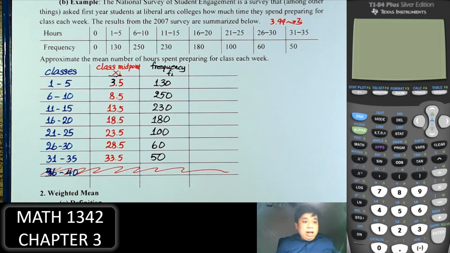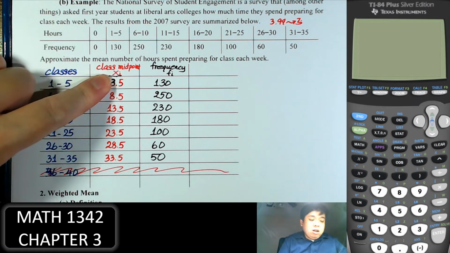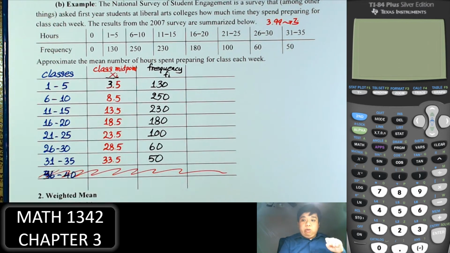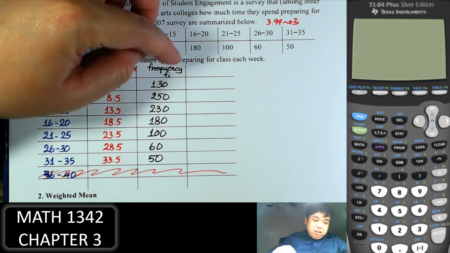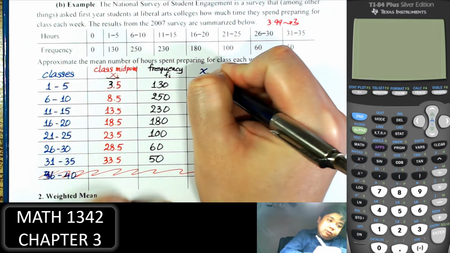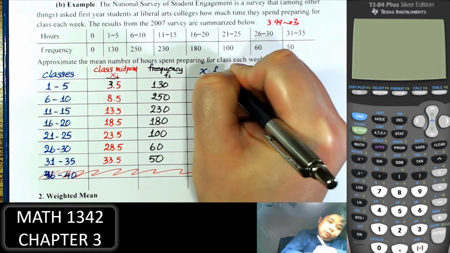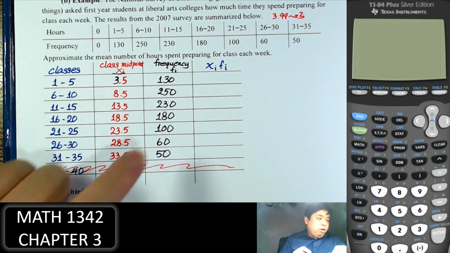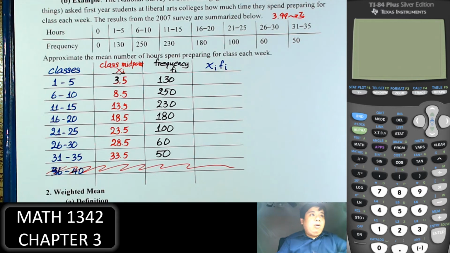So this number occurred 130 times, and this number occurred 250 times. What we do next is multiply those, 3.5 times 130. There's a better way to do this, using the list.